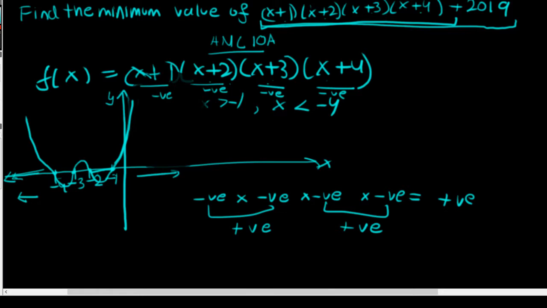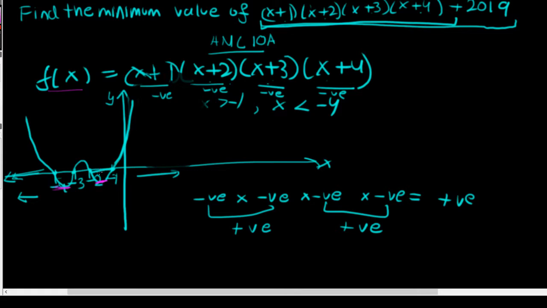I'm just going to change the color of the pen here. So we noticed from simple analysis of this question that there are actually two values at which f of x can take a minimum. We just don't know which of these are the answers because we haven't computed them yet. We will do so in a short period of time.